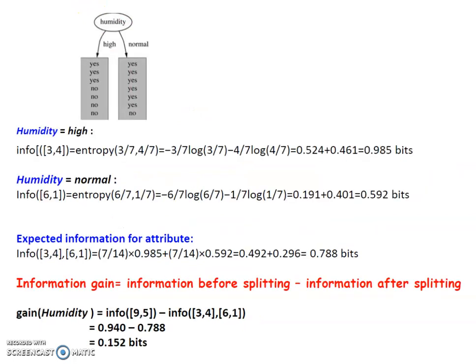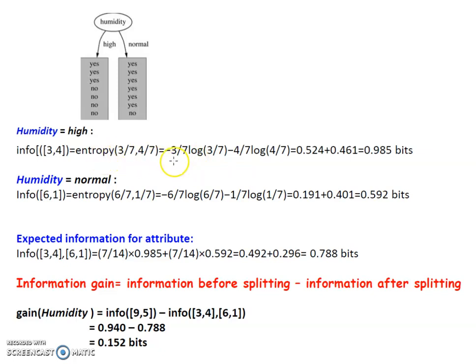So we will move on to the humidity attribute. Humidity has 2 sub values, high and normal. Out of the 14 instances in the data set, 7 fall under high and 7 fall under normal. Within high we have 3 yes and 4 no, and within normal we have 6 yes and 1 no. Based on this we calculate the entropy, whose formula is minus sigma pi log pi.